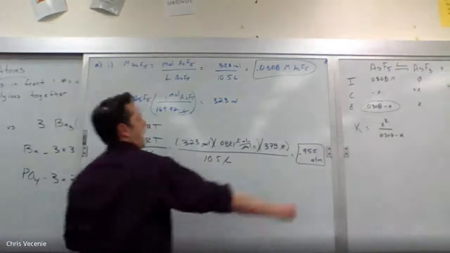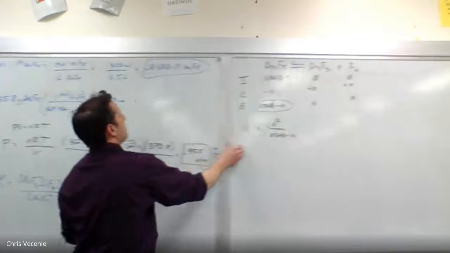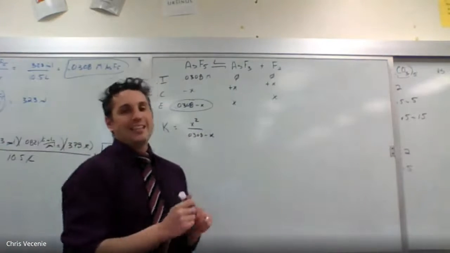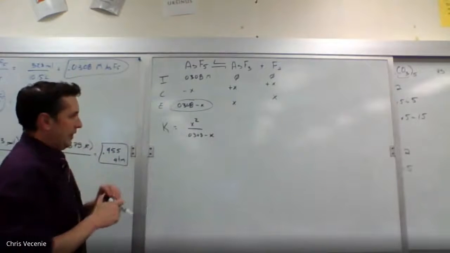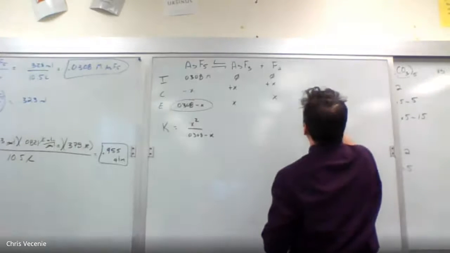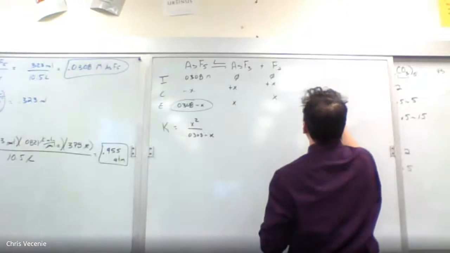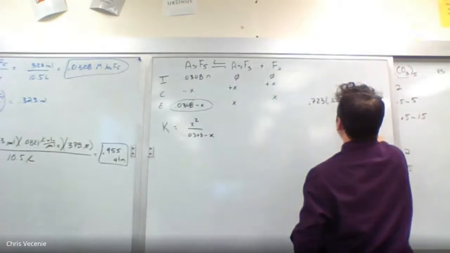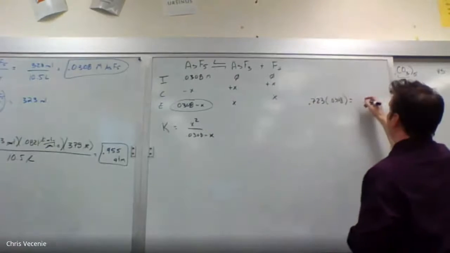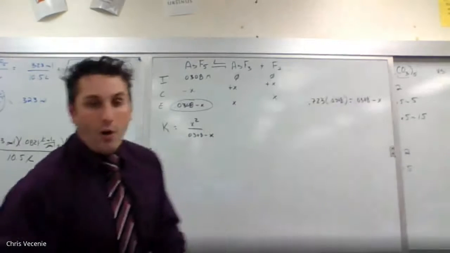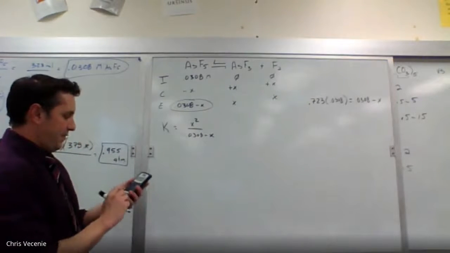So either way, you can just simply take 72%, right, of your molarity. So I know that 0.723 times my 0.0308 is equal to 0.0308 minus X. And now I can solve for X in a different fashion.